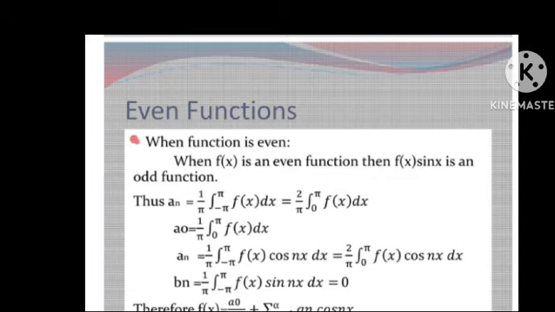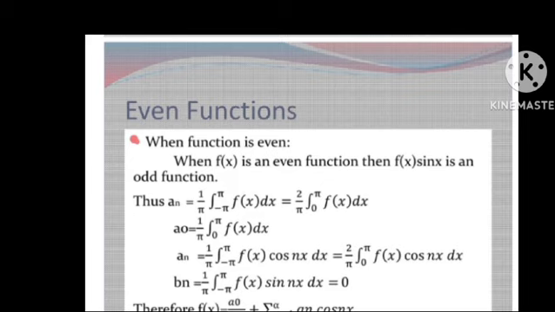Thus, a naught is equal to 1 upon pi limit minus pi to pi f of x dx, which is equal to 2 upon pi 0 to pi f of x dx. a_n is equal to 1 upon pi limit minus pi to pi f of x cos nx dx, which is equal to 2 upon pi 0 to pi f of x cos nx dx. Here the limit minus pi to pi is written as 0 to pi and 2 is taken out of that.